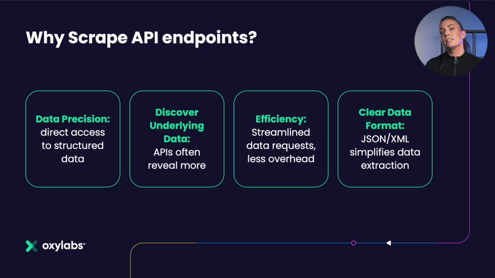In contrast, scraping HTML from regular URLs often requires significant cleaning and parsing efforts, leading to greater complexity and more time consumption. Additionally, changes in web page structure or layout can break your scraping logic.